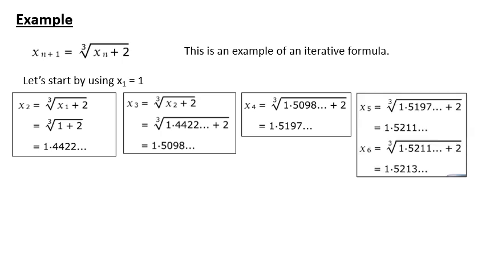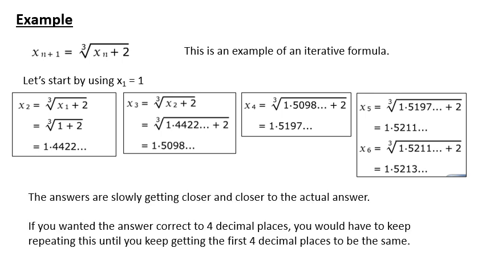We could keep doing this forever and ever, so putting the previous answer back into the formula to generate the next one. At some point you'll probably notice the answers getting closer and closer and closer to something that would be the solution to a problem. If you wanted the answer correct to 4 decimal places, then you could keep repeating this process until you noticed those first 4 decimal places continually being the same.